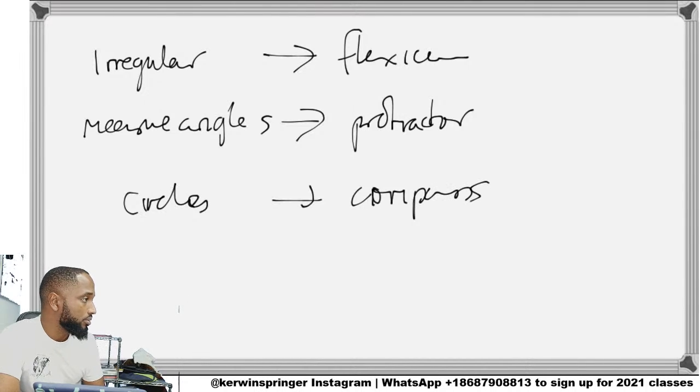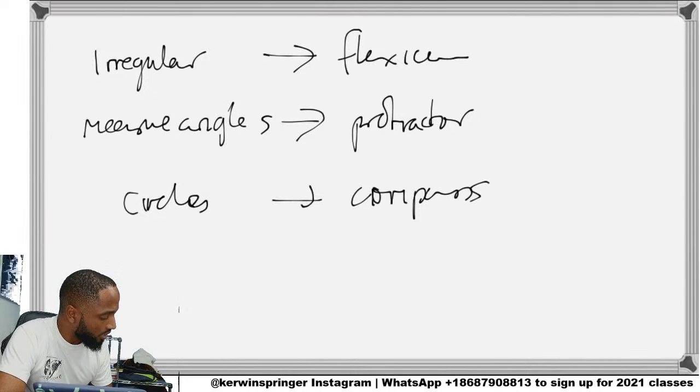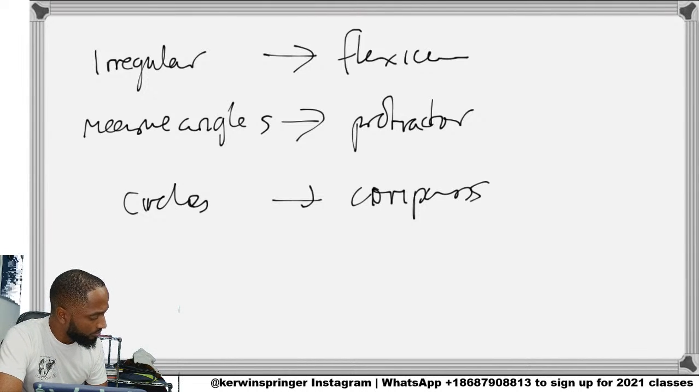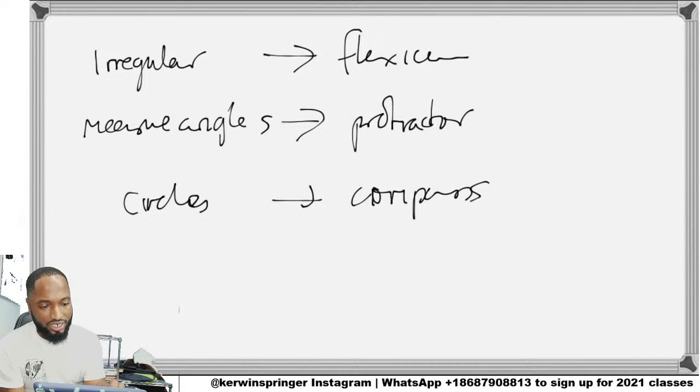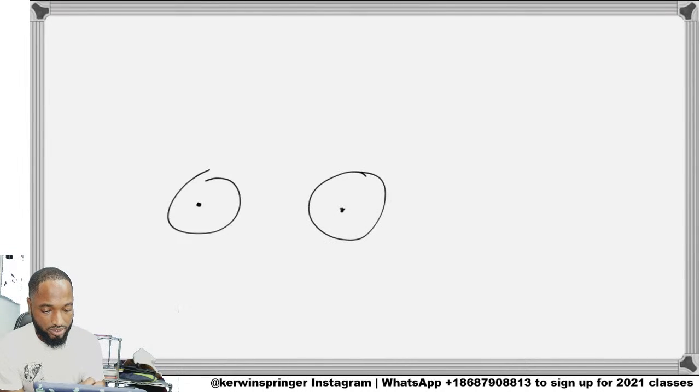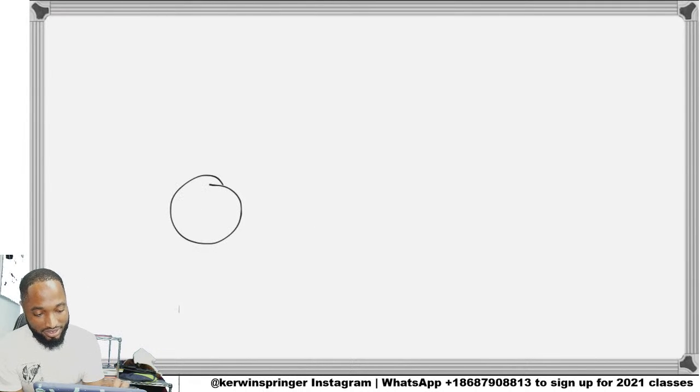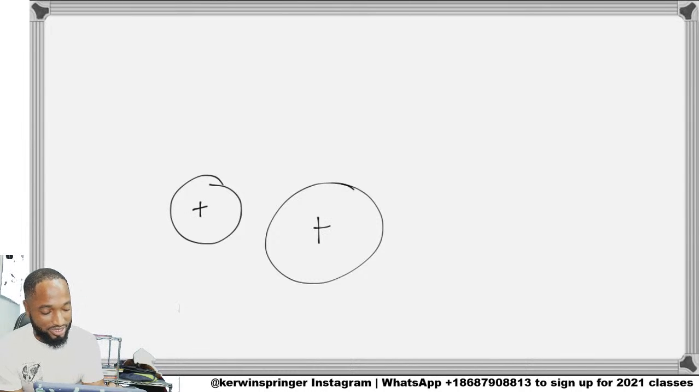Next up, there's a question. I think they give you two circles like this. Those are two circles with center points, people. Believe it or not, these are two circles with center points.